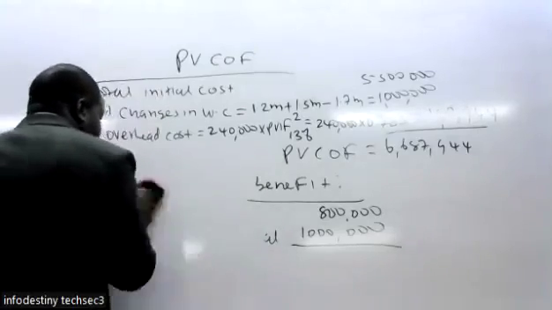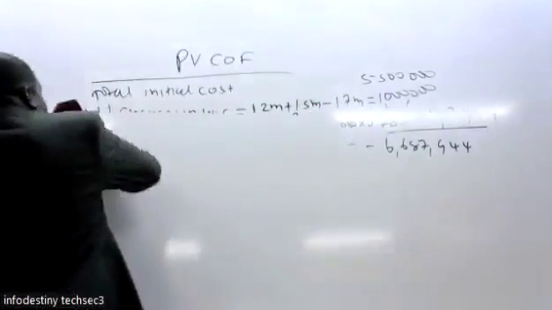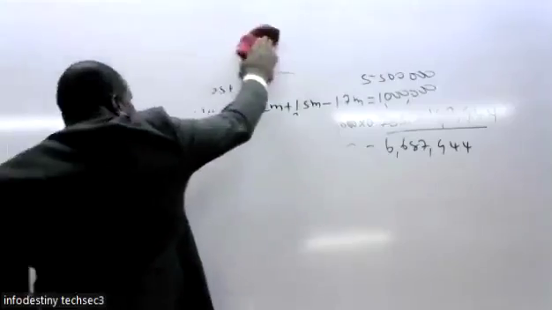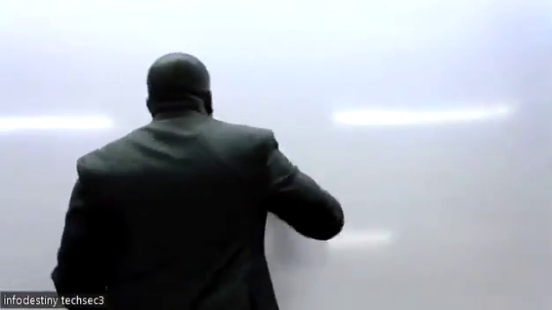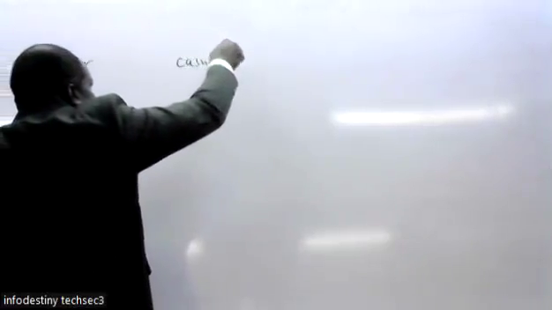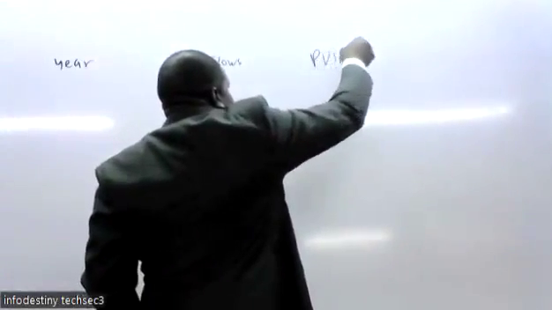To calculate the net present value, NPV is supposed to be equal to, so there is the year, there are the cash flows, the present value interest factor.